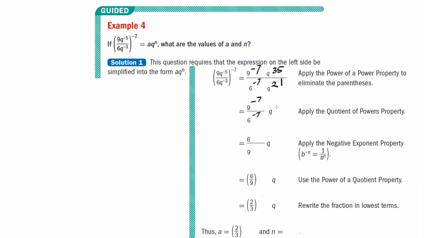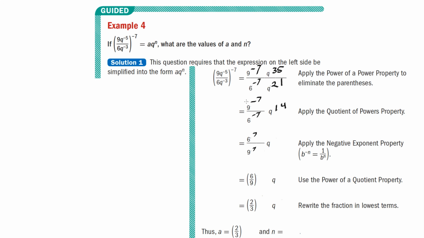Now I apply the negative exponent property, which allows me to flip this. For the 6, the negative 7th power means it goes to the numerator. For the 9, the negative 7 power means it goes to the denominator.